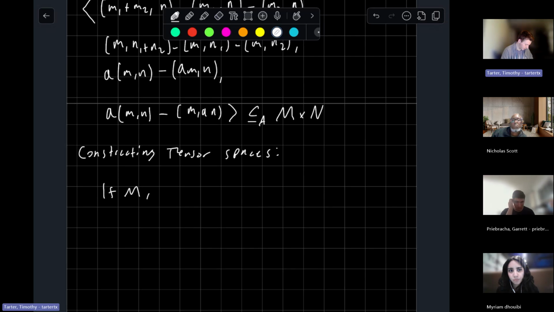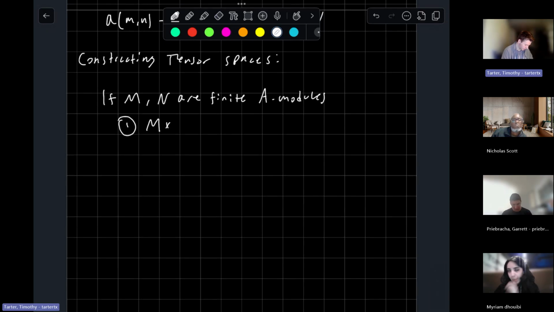So if M and N are finite A modules, then we're going to, no, the GCD formula is a special case. That's only for Z modules. Ah, I hate that.